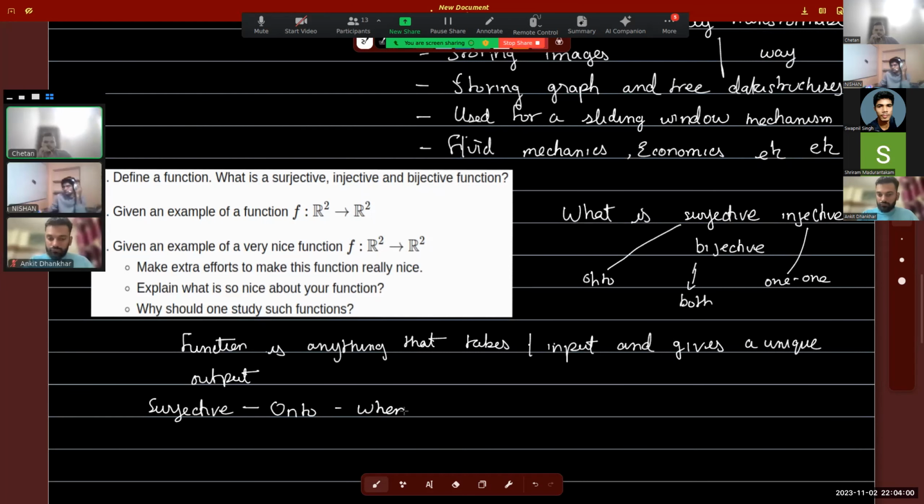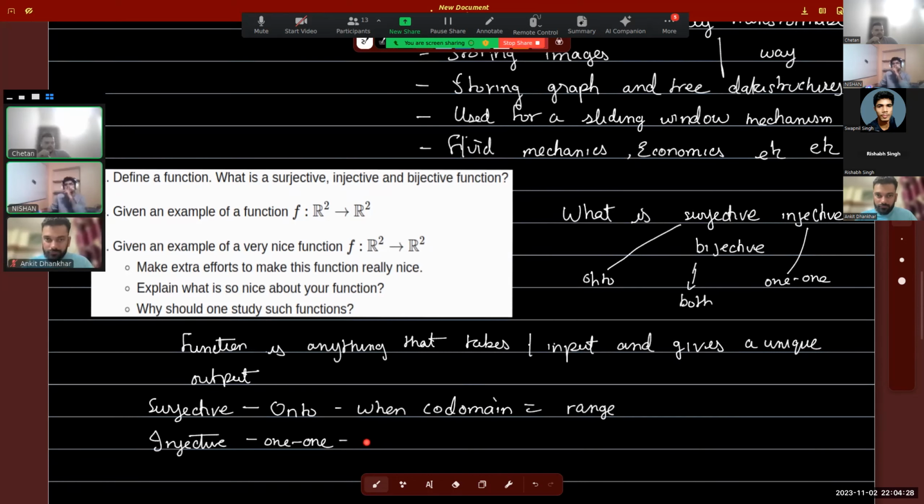Surjective: the range is equal to the codomain, and one unique output for each domain value. Correct. Can you give an example of surjective and injective? Not for each domain value, but for the codomain. There can be a value in the codomain which does not have a domain value mapped to it, but there cannot be a value in the domain which does not map.